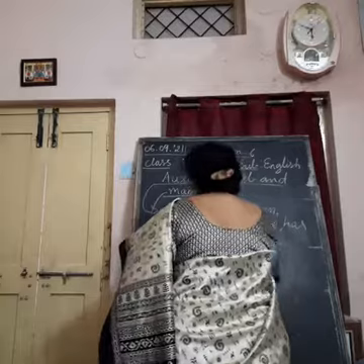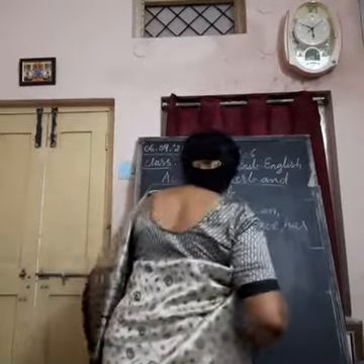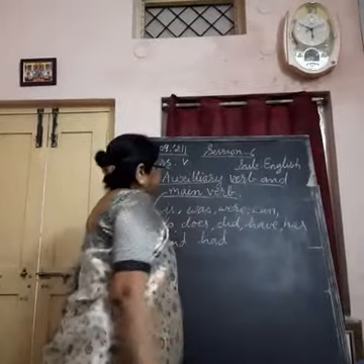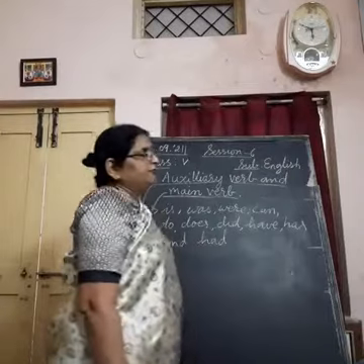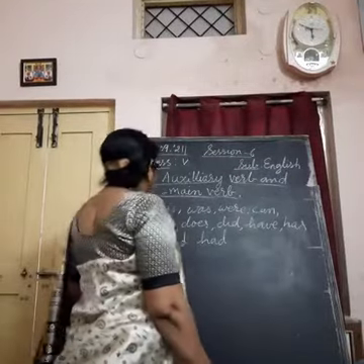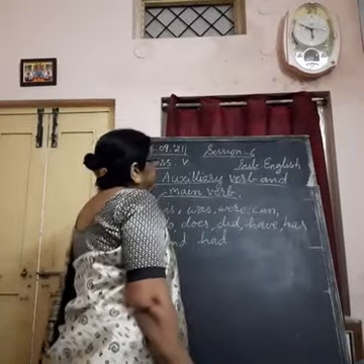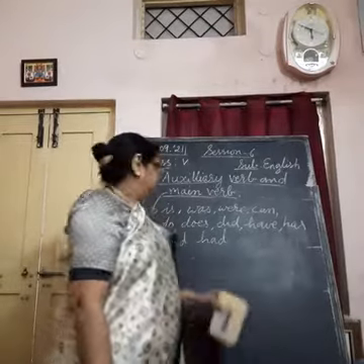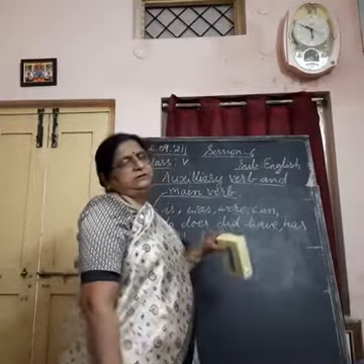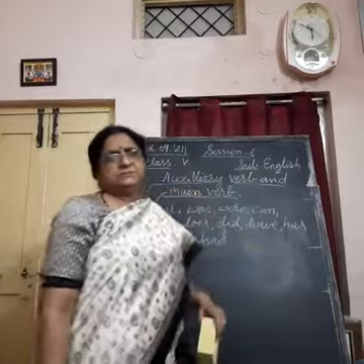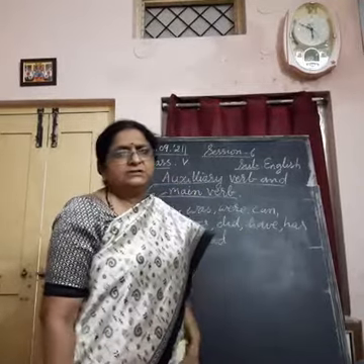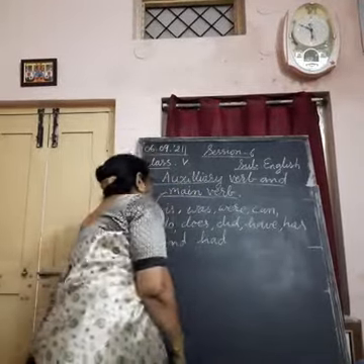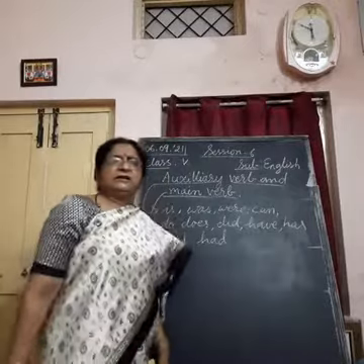Okay. Now, these is, was, were, can, do, does, did, have, has and had, they are called auxiliary verbs. And what is their role in our sentence?